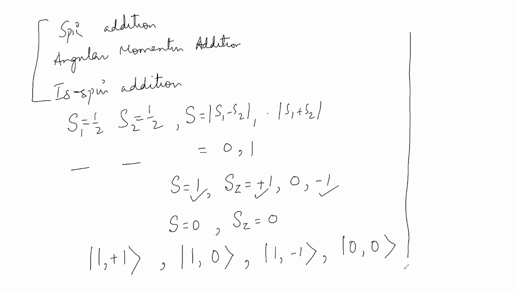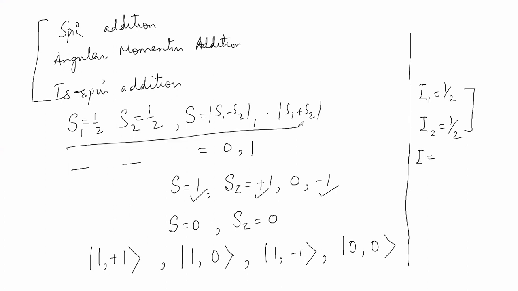Similarly, I am drawing a parallel. I am giving you two isotopic spin objects. Now, they can be two protons, they can be a proton and a neutron, they can be two neutrons. Who is going to decide that? Depending upon the projection. Now, what I have told you is that the isotopic spin algebra was developed parallel to the spin algebra.